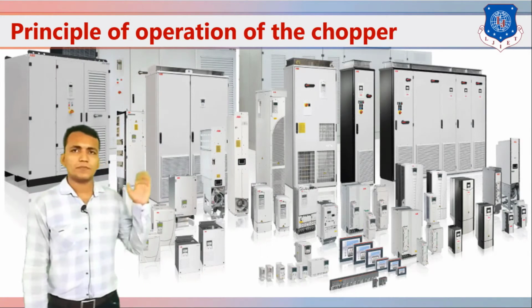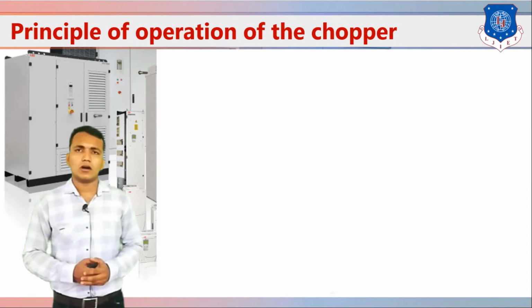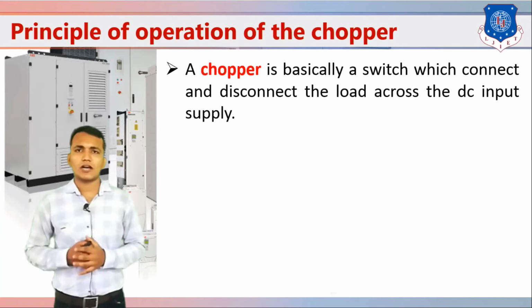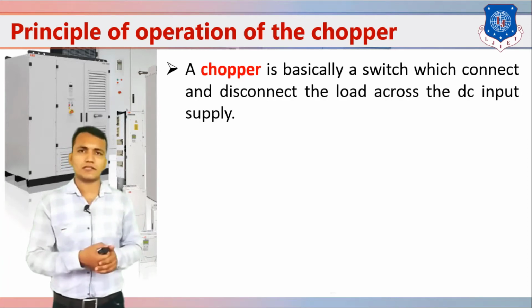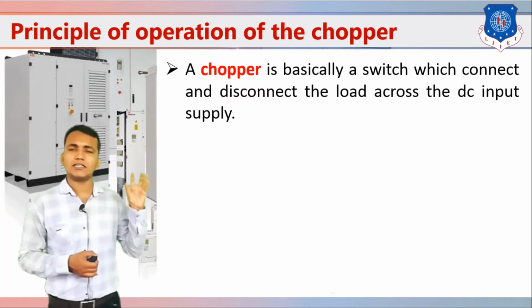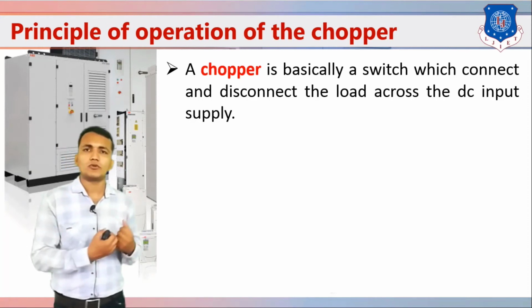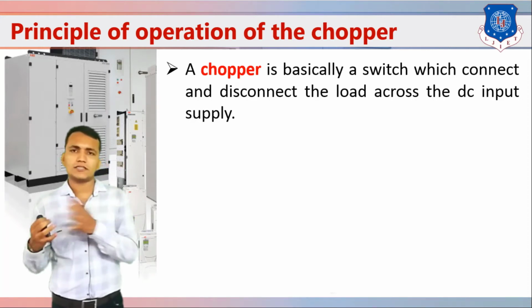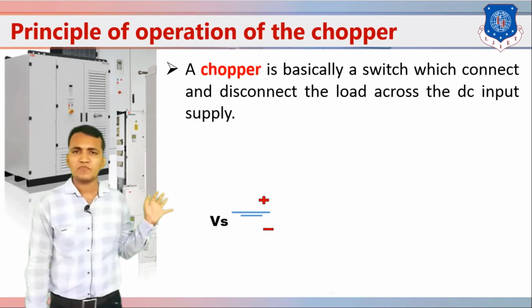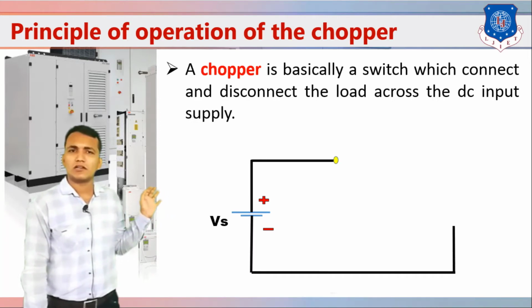Now the principle of operation of chopper, that is our first topic. So let us start. A chopper is basically a switch which connects and disconnects the load across the DC input supply. So a chopper basically works like a switch. Let us see this by some figures. In the figure, first we take a DC supply. Then from this DC supply we connect across this load.